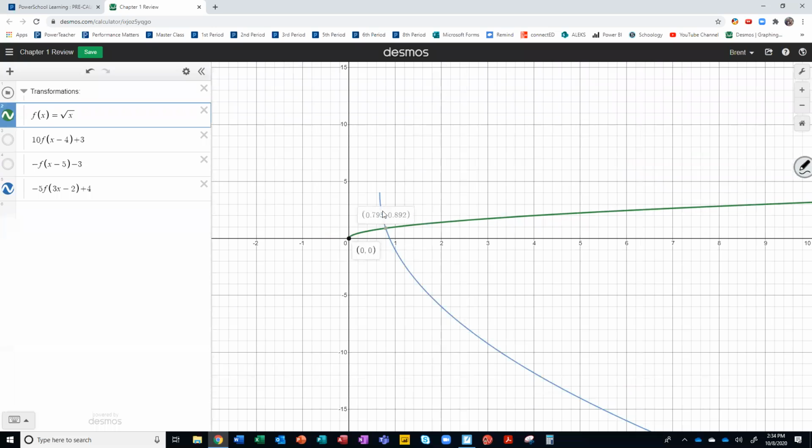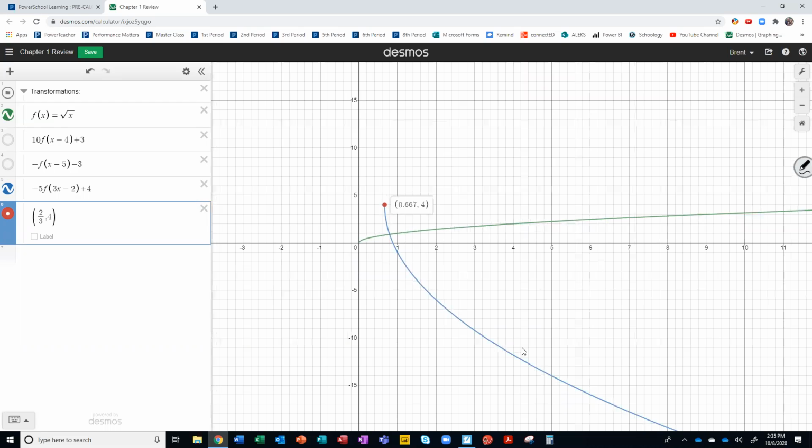It gets shifted right 2/3, and it goes up, it looks like 4 units. Let's check that out. If I put the point 2/3, comma 4, is that the start of the graph? You bet, it went right 2/3. Now, not only that, we said it was vertically stretched and horizontally shrunk.